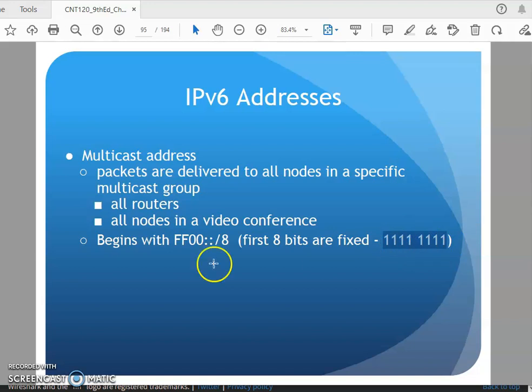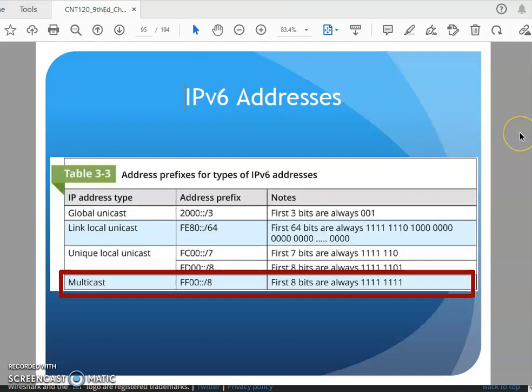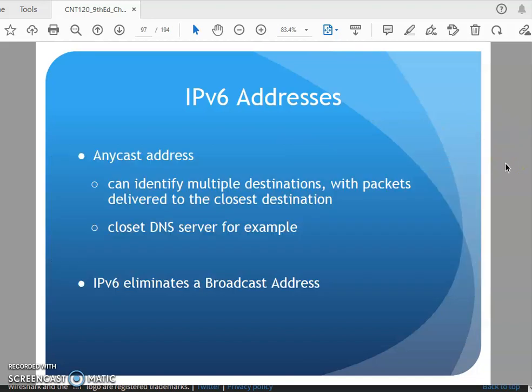It's that kind of concept. But with IP version 6, FF is the beginning. That is your multicast address, and that was this guy right down here, FF00. So these prefixes have meaning, very much like the first octet in IP version 4.